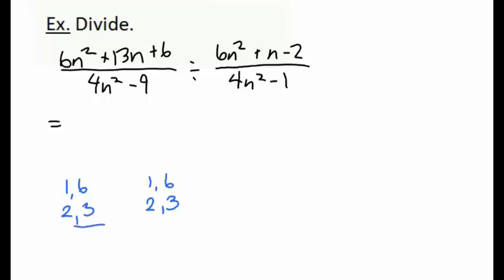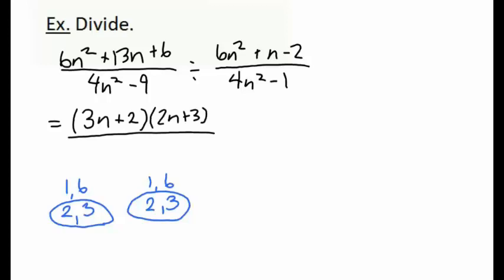Now it turns out the pairing that we need is 2, 3 and 2, 3. Specifically, we need 3 times 3 is 9, plus 2 times 2 is 4, for an overall value of 13. So this means we're going to factor in the following way.